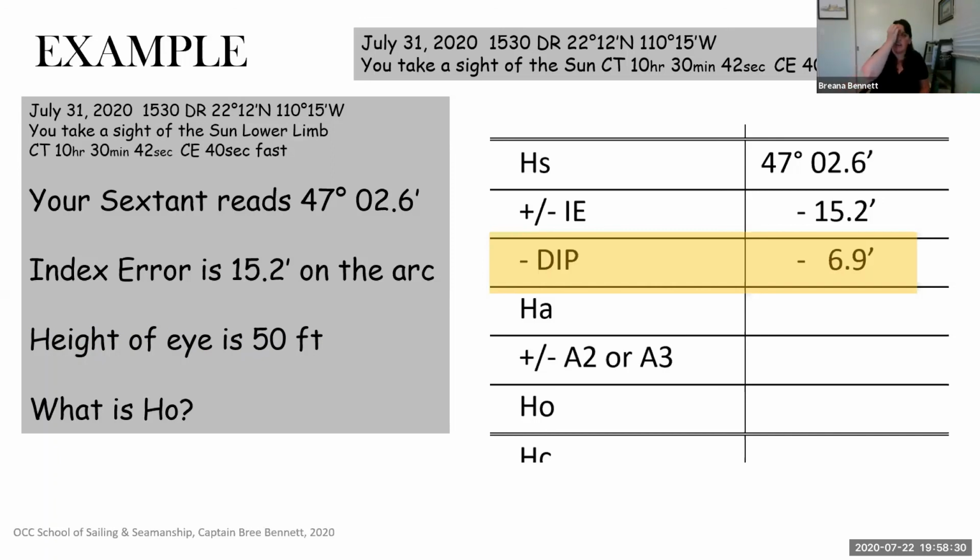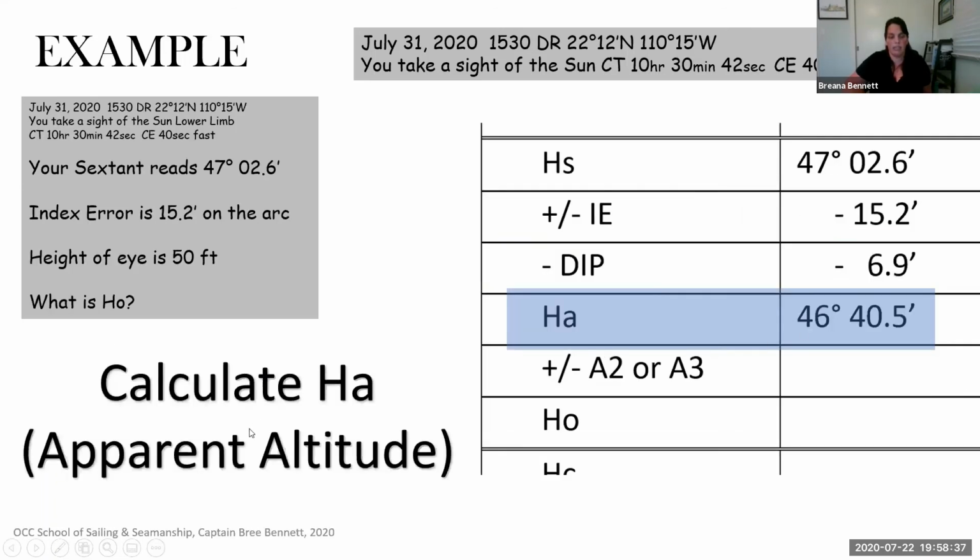So now that we have our index error and our dip, we can calculate our apparent altitude. I typically use the calculator so I don't make a mistake. But who knows? There's lots of typos in these PowerPoints. So we subtracted our two amounts and we got our apparent altitude.